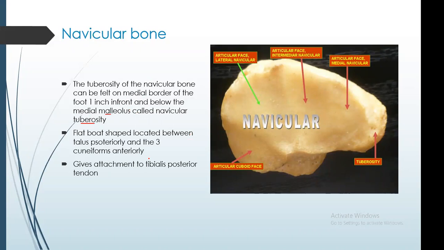It is a flat boat-shaped bone located between the talus posteriorly and the 3 cuneiforms anteriorly. So anterior to this bone are the 3 cuneiform bones, and behind this bone is the talus. This bone gives attachment to the tibialis posterior tendon.